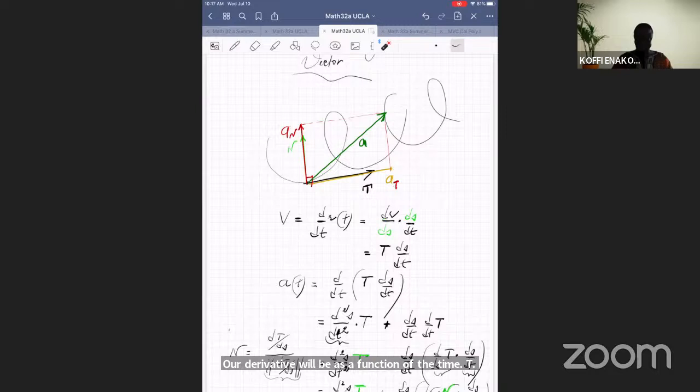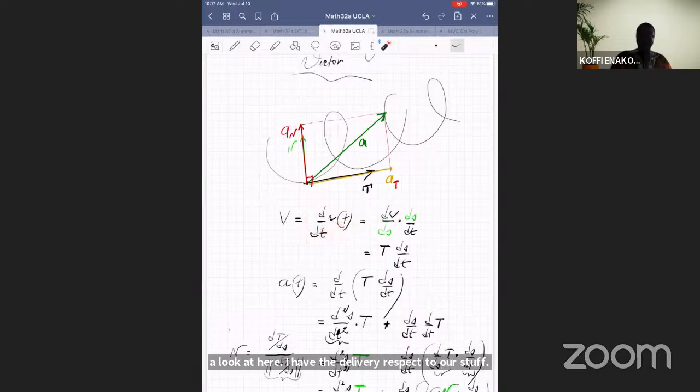Okay, so let's see that. If I have that, then I can find the acceleration as the derivative with respect to t of v. So take a look at here, I have v, the derivative with respect to t of r of t.